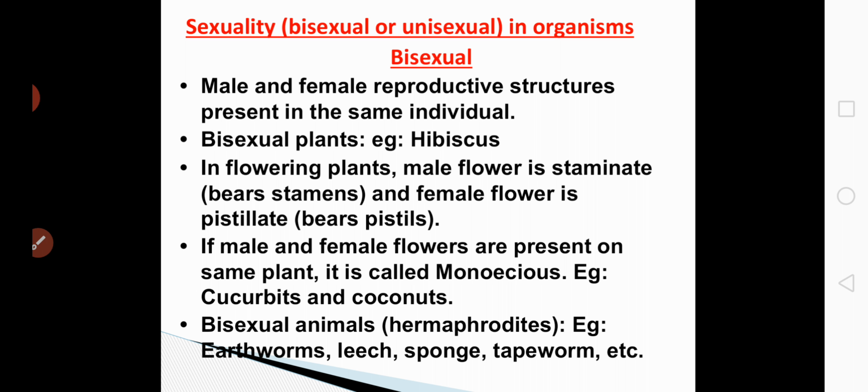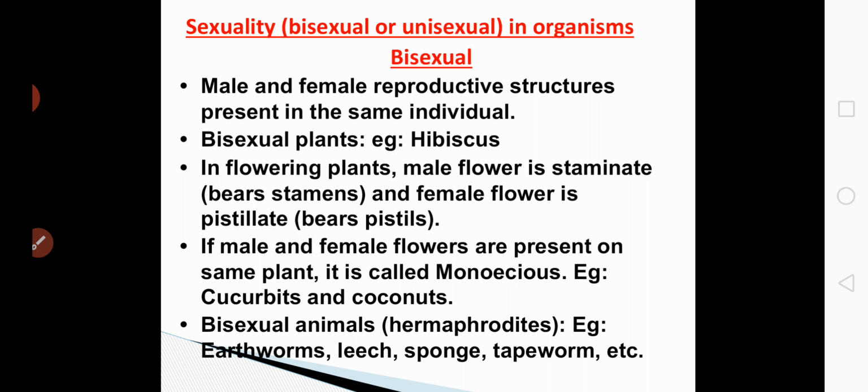If these two flowers, that means the male flower and the female flower, are present on the same plant, then that plant is called monoecious. So monoecious means it contains both male and female flowers.